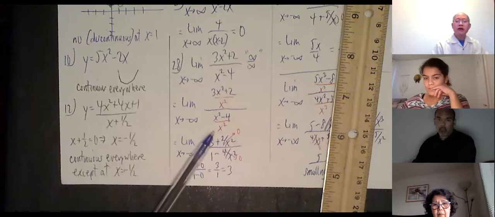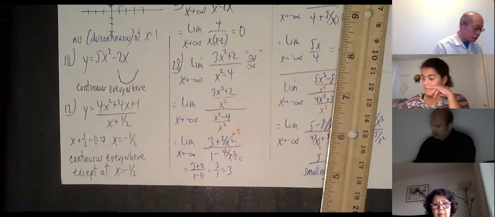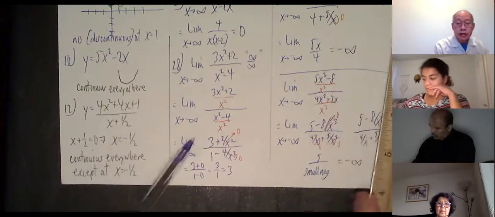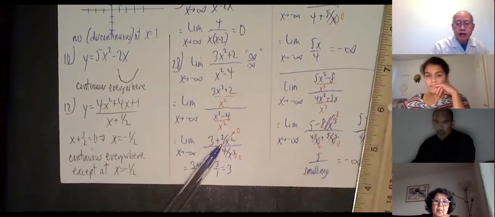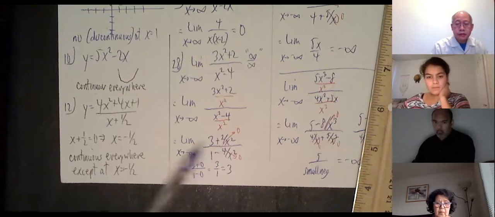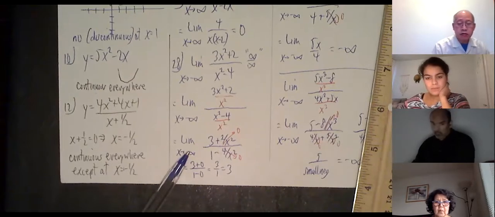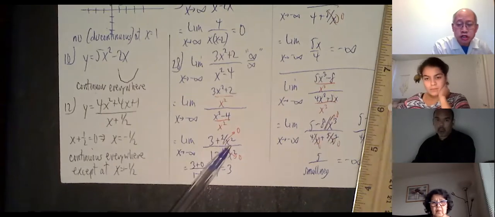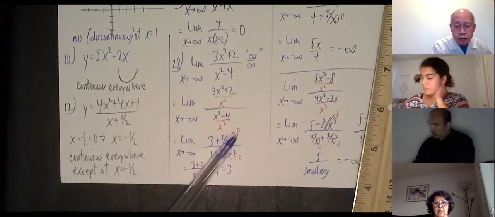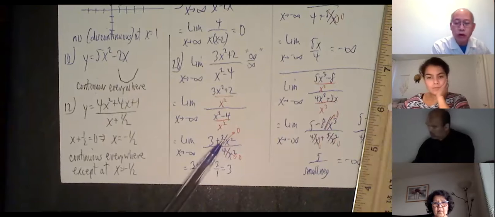Okay, now here's where we use that rule that I showed you earlier. Okay, 2 over x squared. That approaches 0 when x approaches either infinity or negative infinity. It doesn't matter, all right? It's a number divided by a super big number, whether positive or negative. Okay, that arrow means it approaches 0. It's like 0.0000001, right?